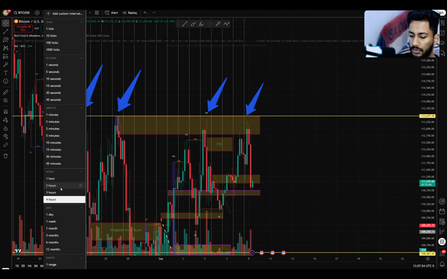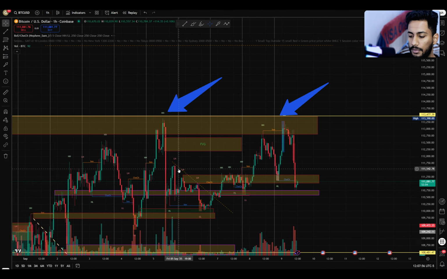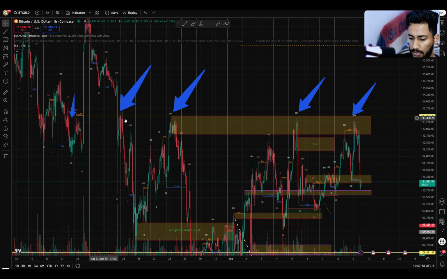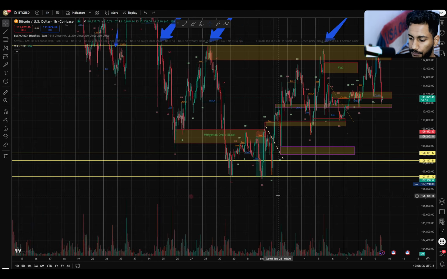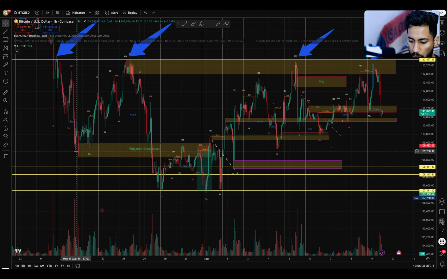Let's go to a smaller time frame, let's say 1 hour. Again, you can see the resistance over here, but we also have a support. It's a mitigation order block.